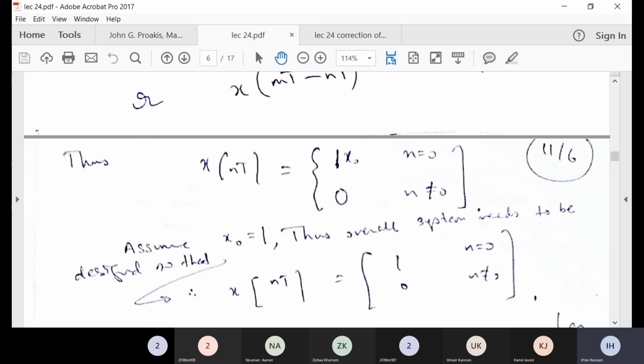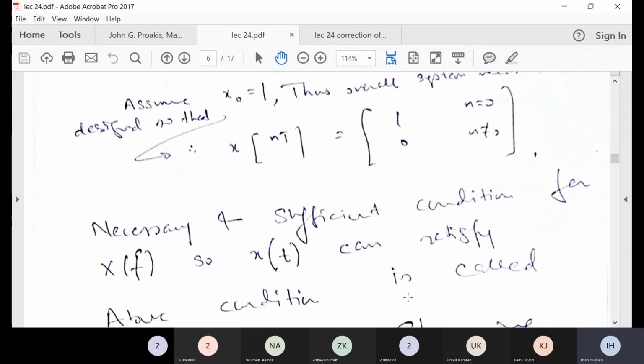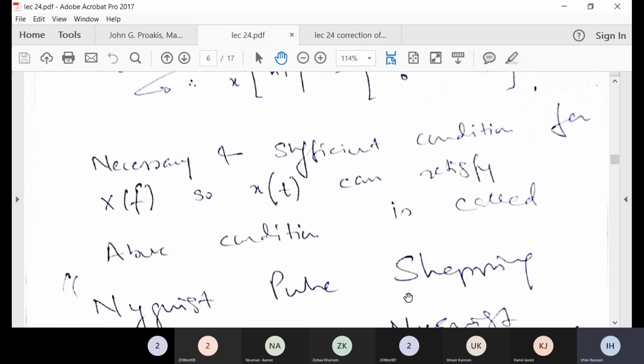So overall response would be that for n equal to 0 you would have 1, and for any other sampling interval, your value of x_n will be 0. We can also go from the book explanation, but I found many steps are missing in the book, so it becomes difficult to understand. That is why we are switching to notes for understanding this.